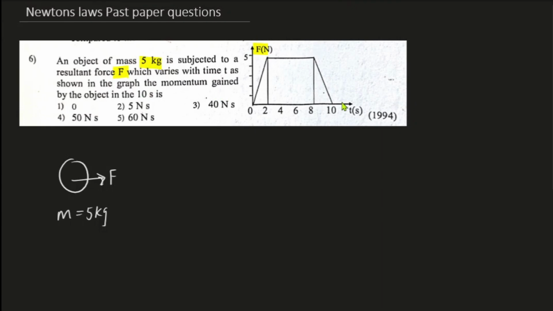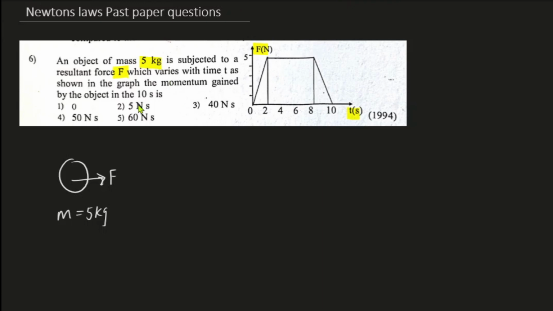According to the F-T graph, initially in the first 2 seconds the force has uniformly increased, and then for the next 6 seconds it was uniform, and then it has decreased.